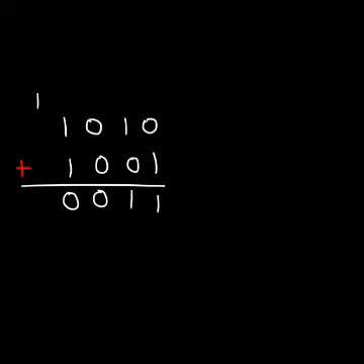Now, to check the work, let's convert each binary number into a decimal number. So let's separate this into columns.